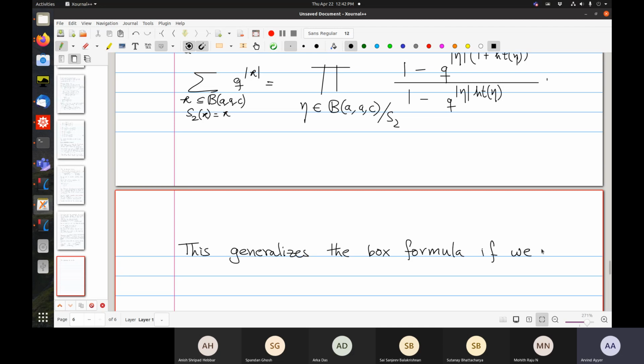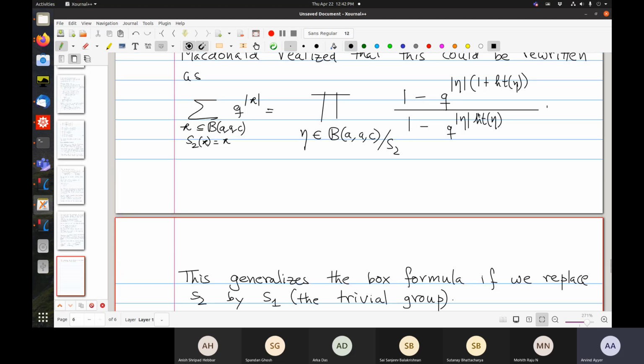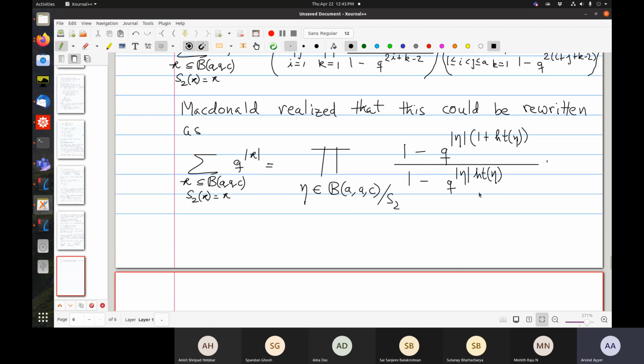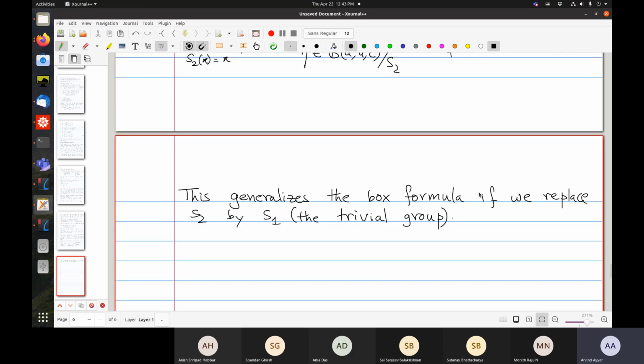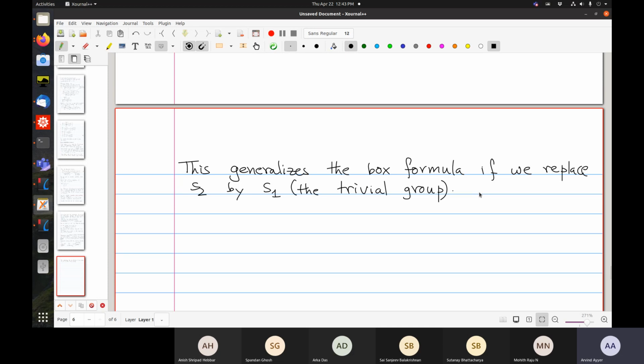If we replace S2 by S1, the trivial group containing the identity, then there is only one kind of orbit, singletons. Mod eta is always 1. Height is i plus j plus k minus 2, this will range over all cells, and this will give you i plus j plus k minus 1. So Macdonald generalized it in the natural way.